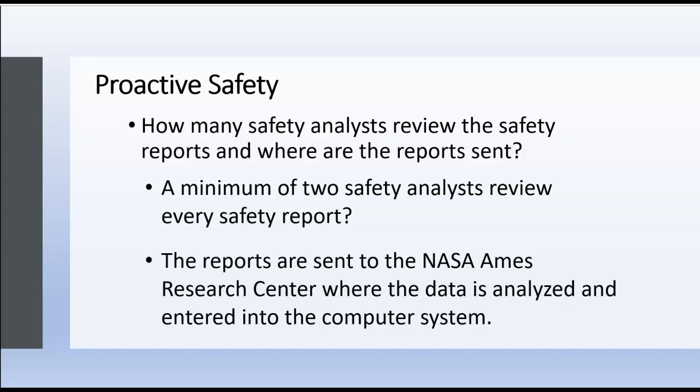Now, while the identity of the person making the report is protected, the safety analysts may contact the person who submitted the report for further details if they have questions.